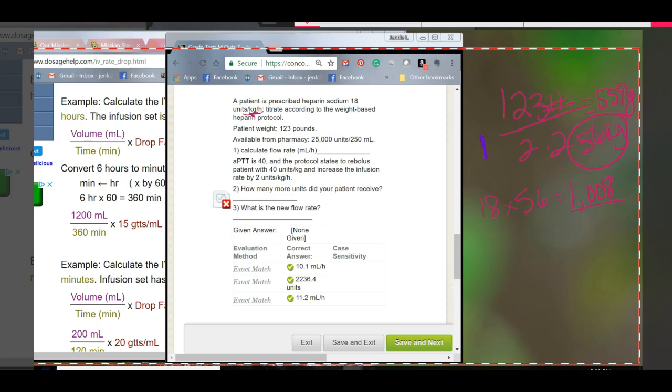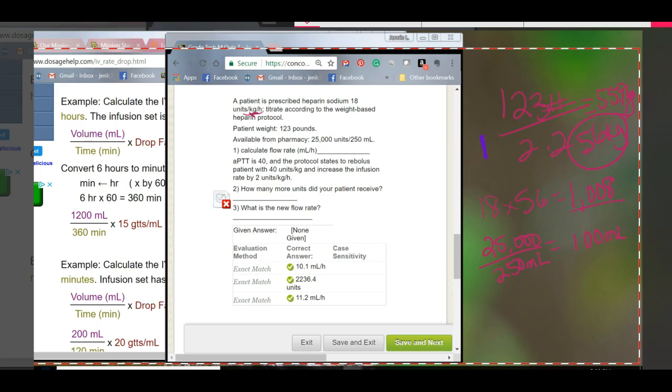All right, so now what do we have available? We have available 25,000 units per 250 mLs. So let's do the second part of the equation. So this is what we have available here, 25,000 divided by 250 mLs, and that gets me 100 mLs.